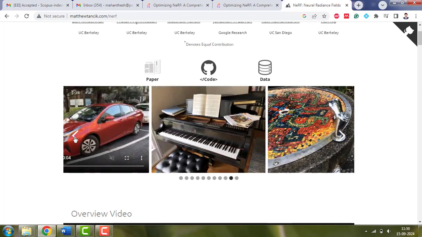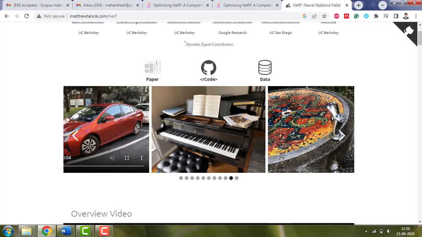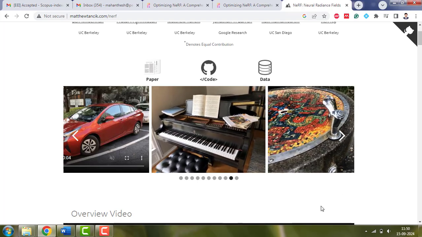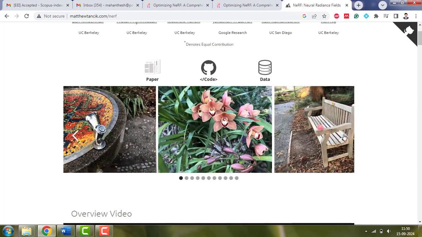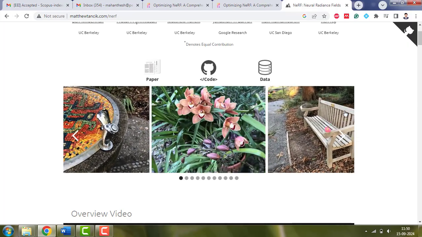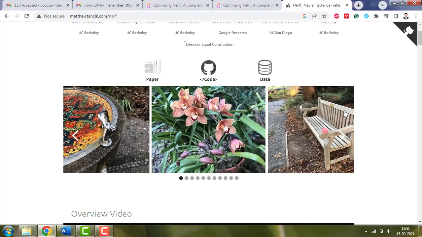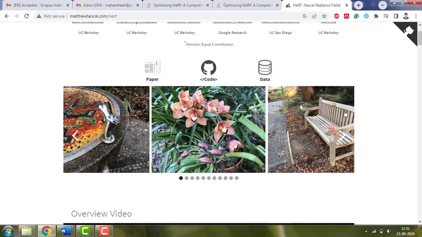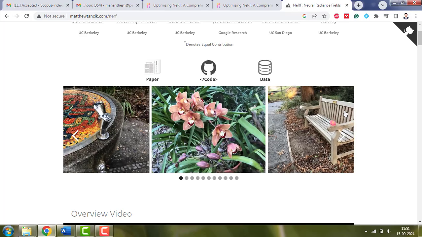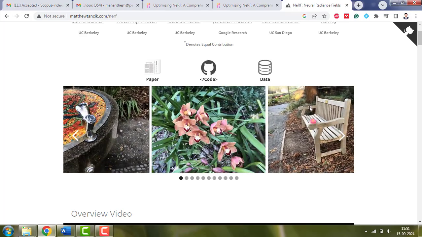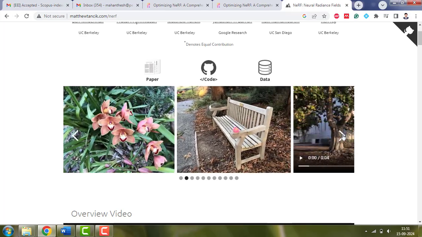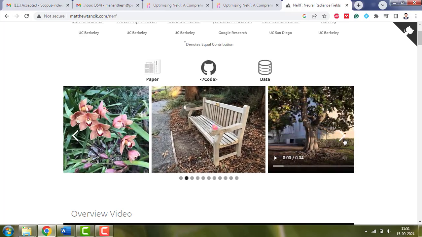We can see that this is the final output they got, which is fantastic. The recorded video is given as input. From the recorded video they were able to get these outputs, which is very fascinating.